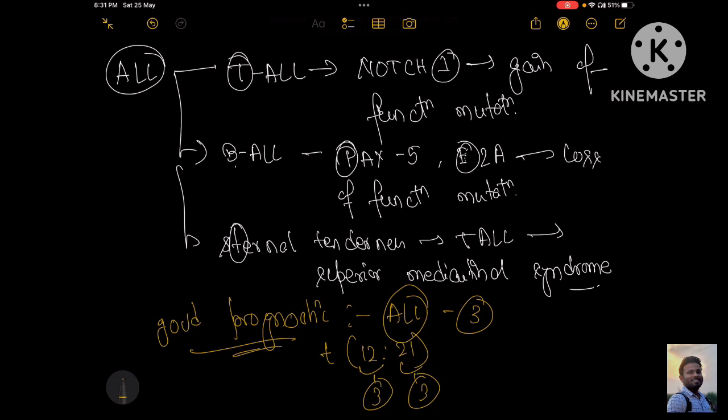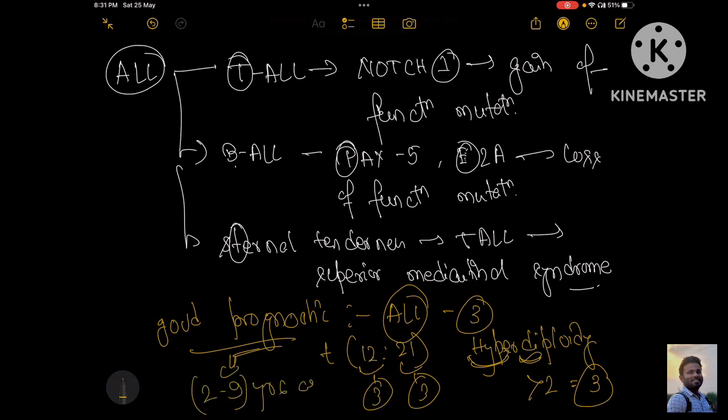Next, hyperdiploidy, greater than 2 is 3. In any case of cancer, extreme ages are unfavorable factors. So a good prognostic factor is an age of 2 to 9 years.